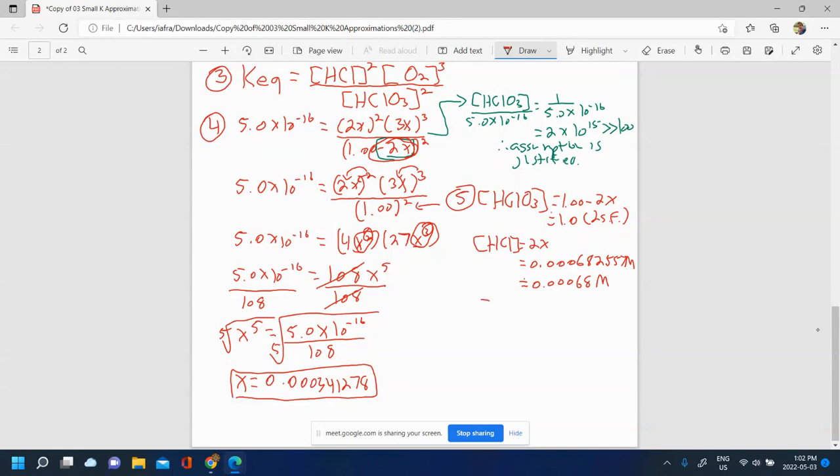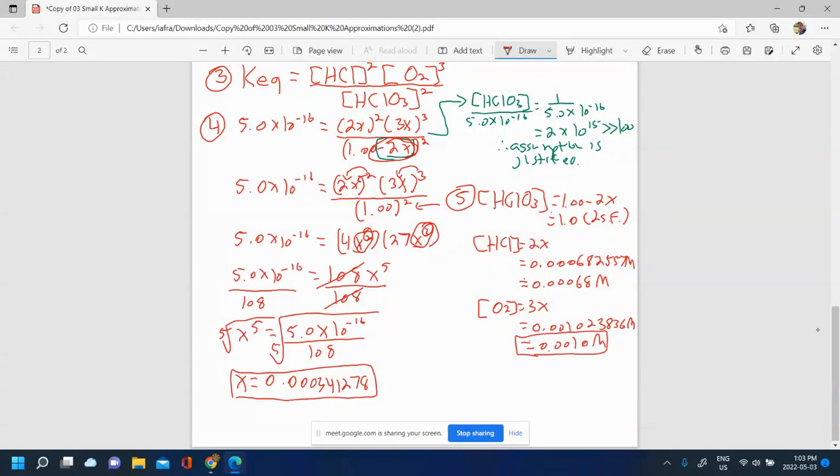And then for our concentration of the O2, that was 3x, which is 0.00102386 molar, or to 2 sig figs, that's about 0.0010 molar.